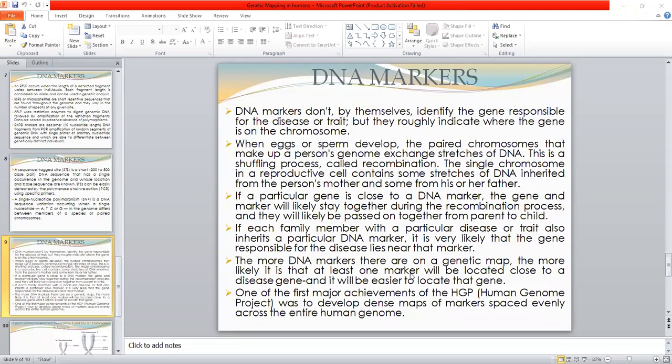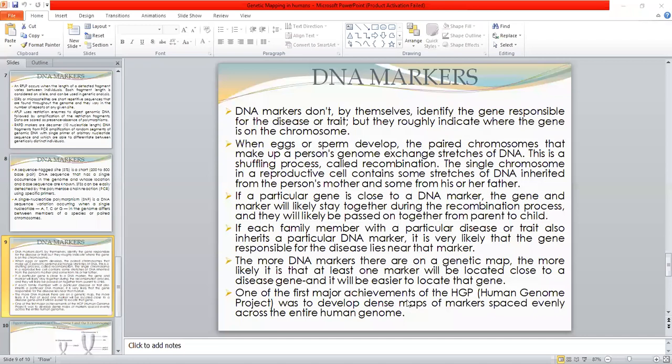So in genetic mapping studies, it is optimum that the number of DNA markers be large enough.